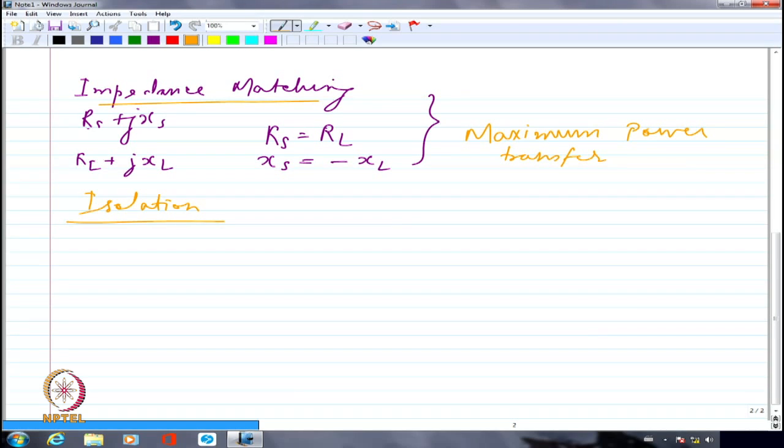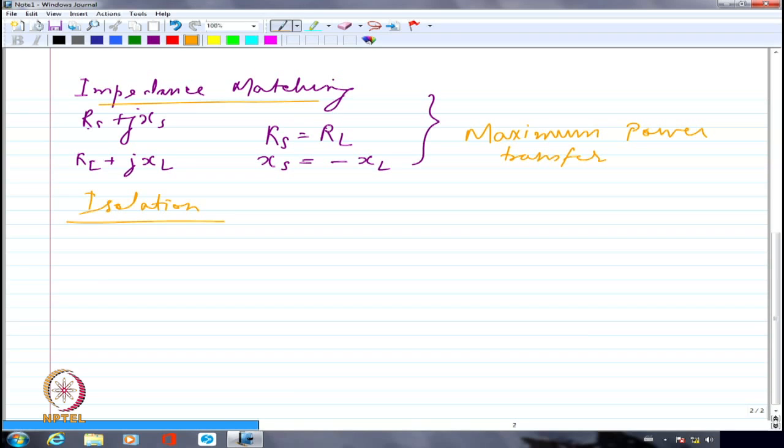So that base drive will be at 15 volts level or even less. Whereas the motor will be operated probably at even 1 kilovolt level. It is possible. So I might like to have the isolation between the motor and the transistor base drive circuit. That can be done very nicely by using a transformer.